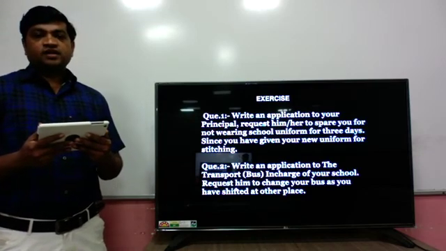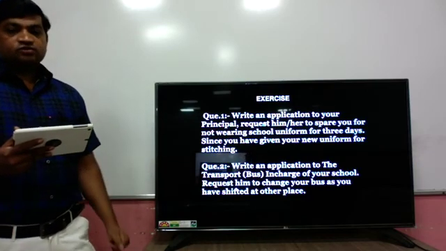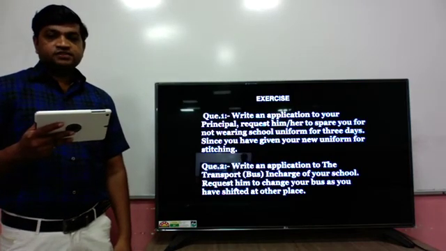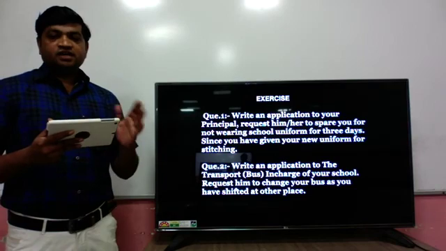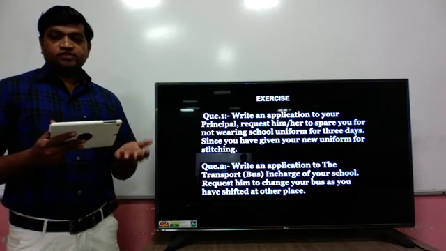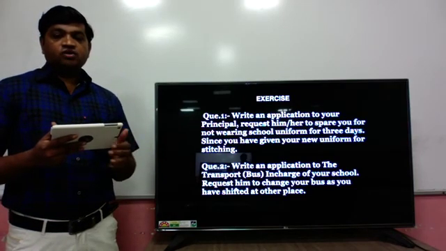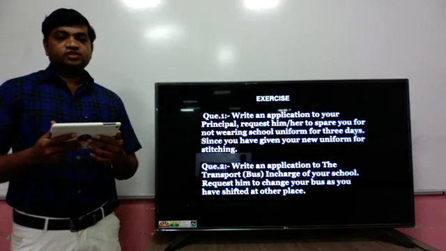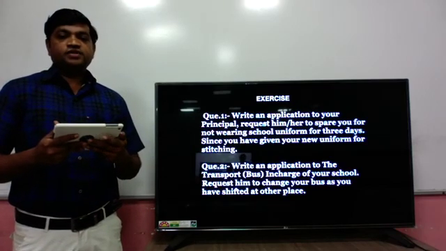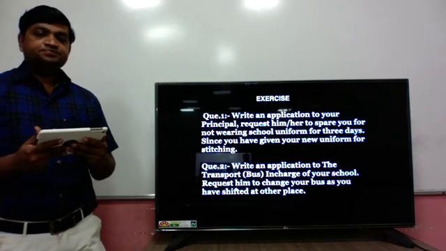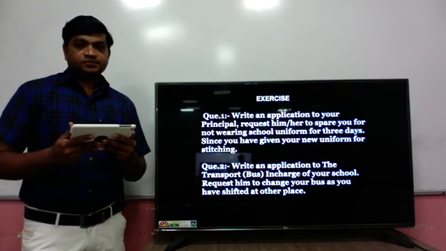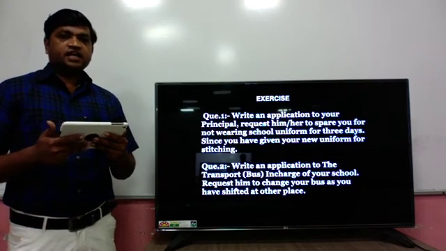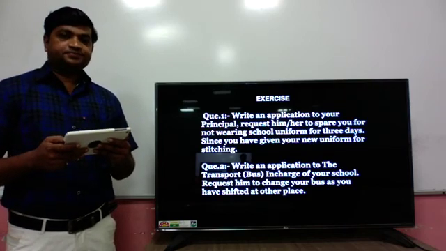In the body of the application, you have to write down the reason why you want to change the bus and your details, earlier in which bus you were coming and now by which bus you want to come. So this way you have to give whole information to your transport in charge. Then at last subscription and your name, class, section and earlier bus number like that.